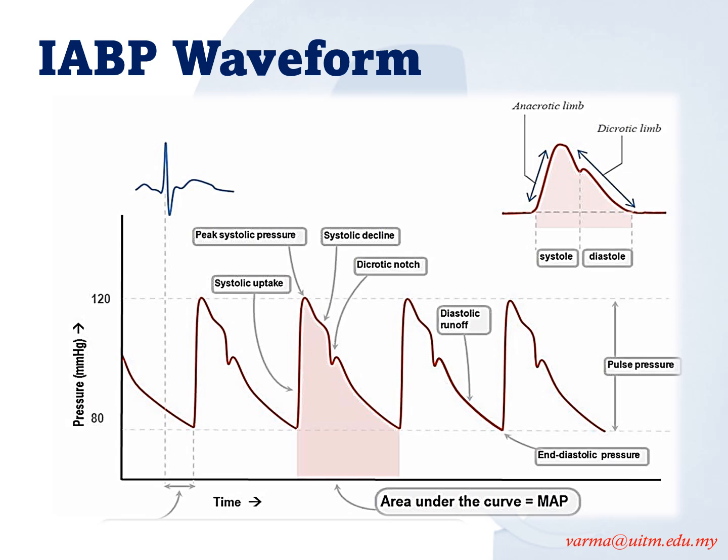Next, we can also see the area under the curve, which corresponds to our mean arterial pressure. The IABP waveform is divided into an anacrotic limb and a dicrotic limb.